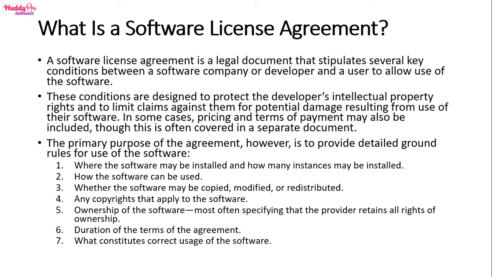Then the duration of the terms of agreement and what constitutes correct usage of the software. How should you use the software, and where, and in which ways of usage of the software are right. So in brief, that's what constitutes the software license agreement.